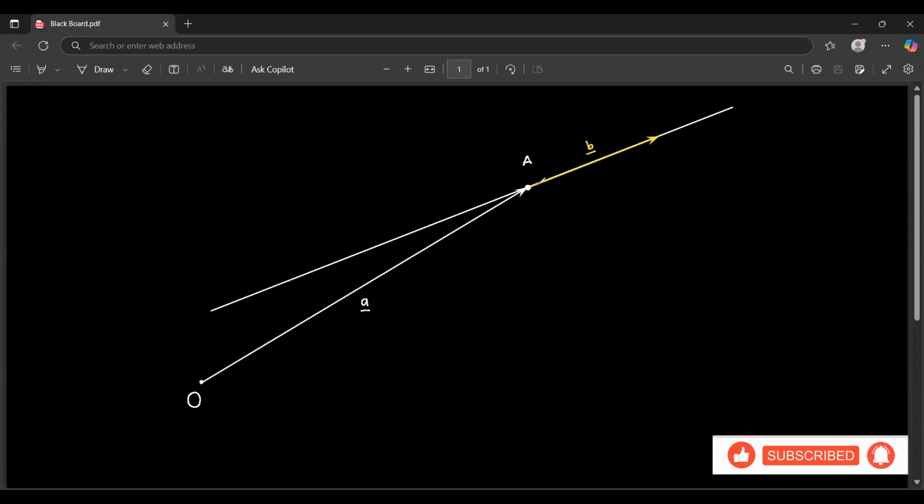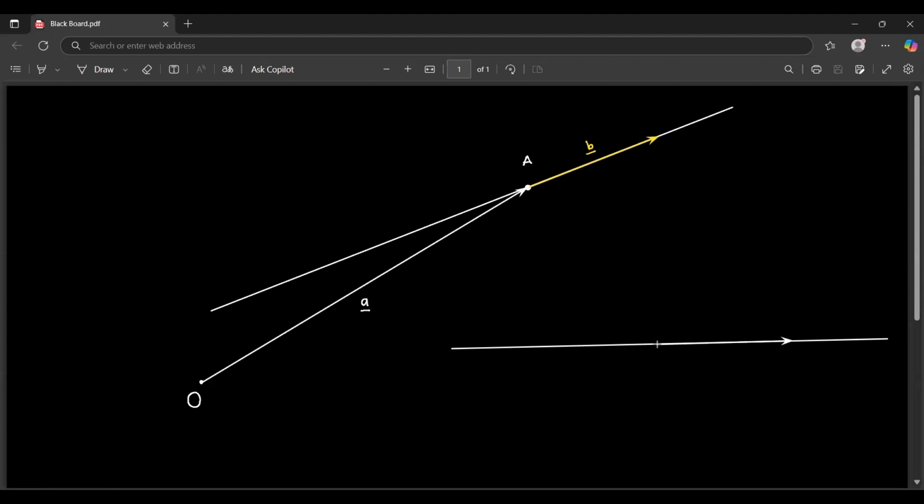We needed a point on the line and then one direction vector, because in a line, one direction is enough. Either this direction or that direction. If you put a minus sign, the direction changes, so it doesn't matter. We needed a direction vector and a position vector of the point on the line. We are going to do the same thing for planes also.